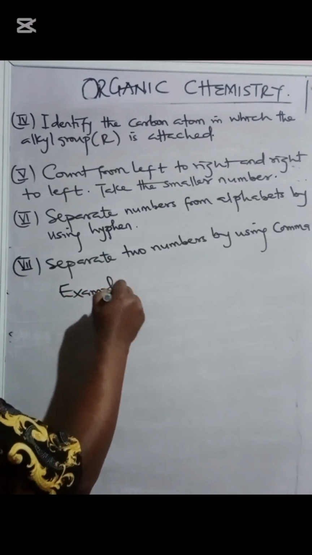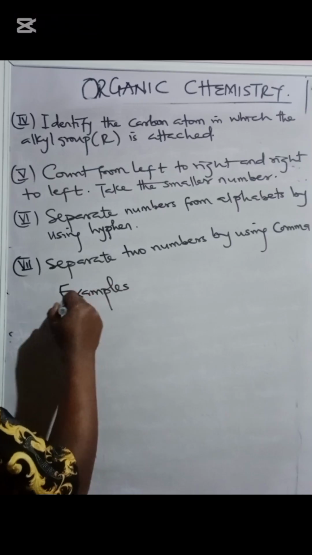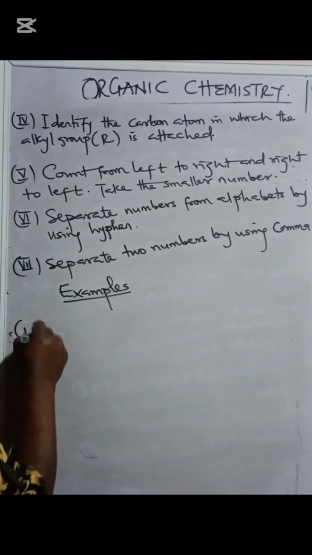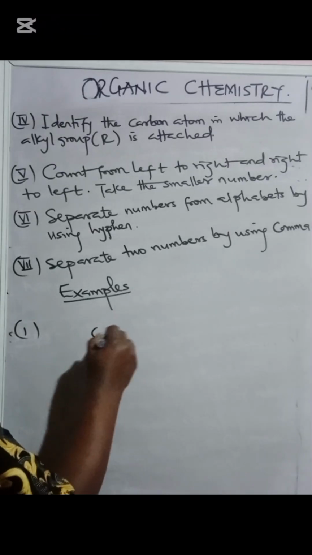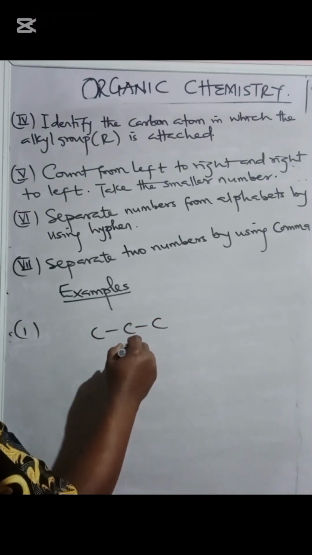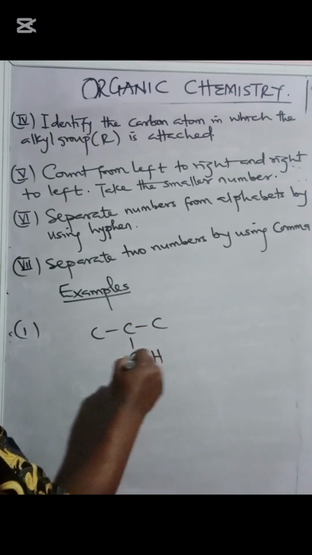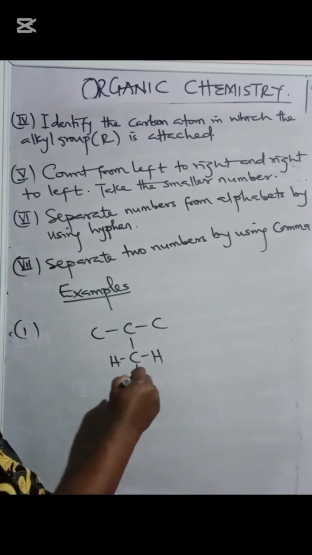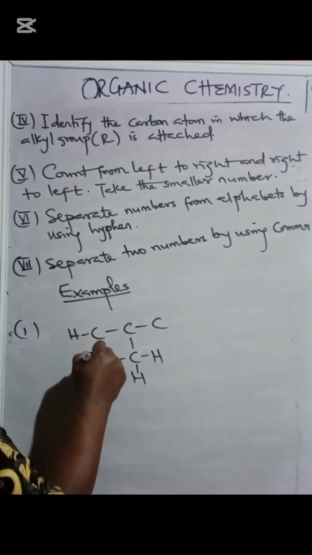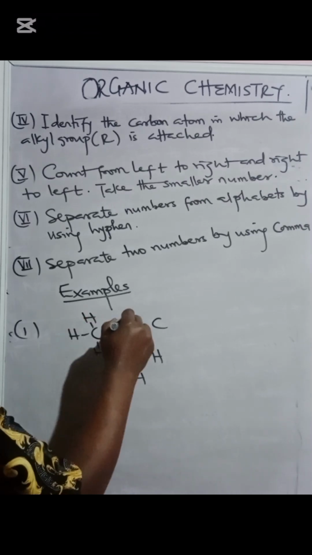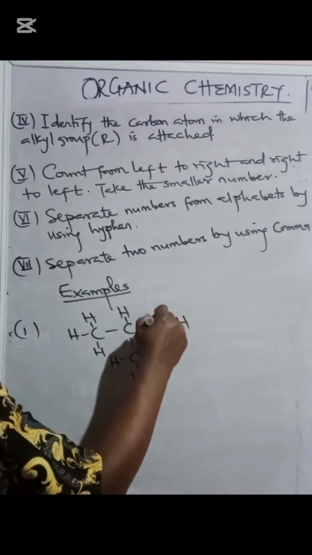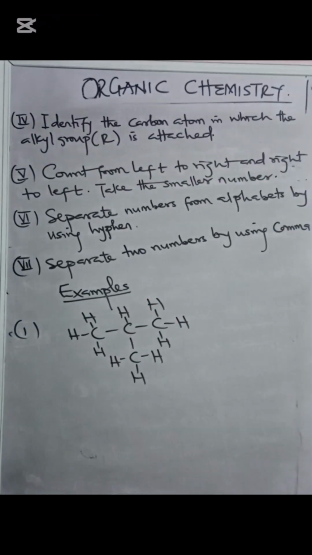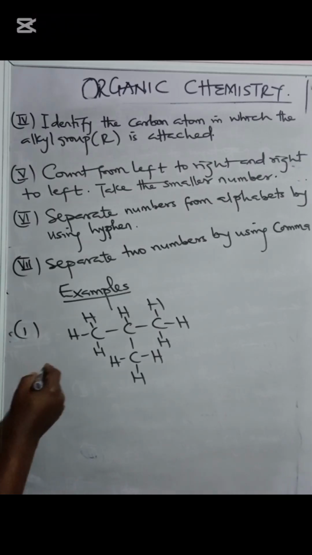Example one. So this is a branched alkane. Let's count the longest chain.